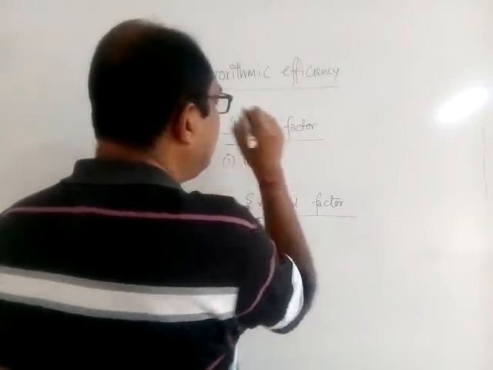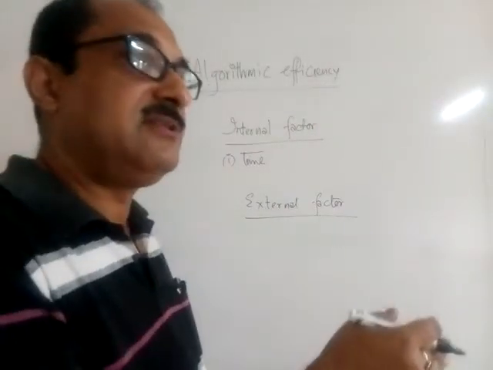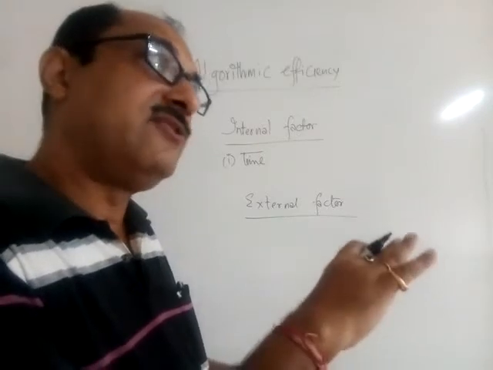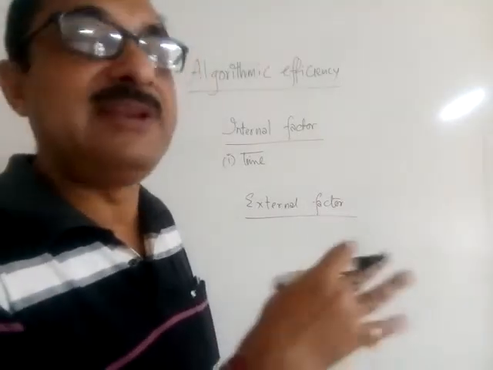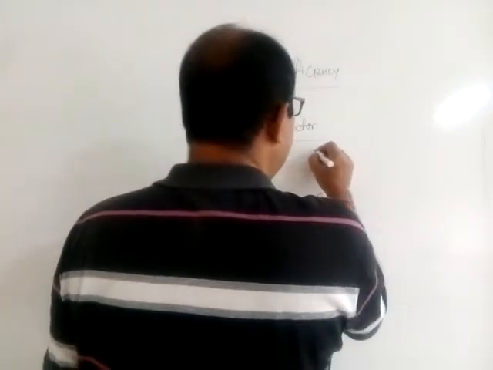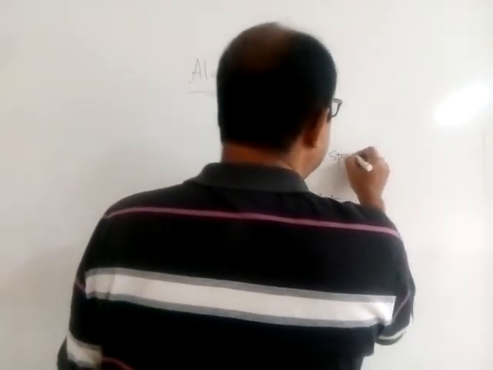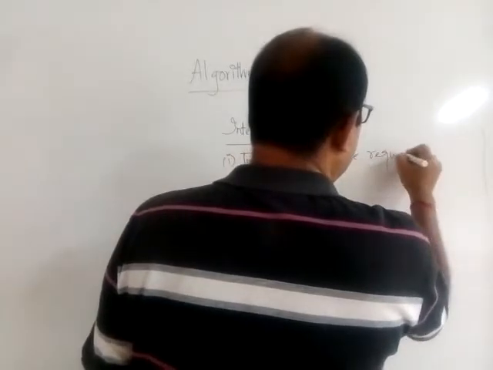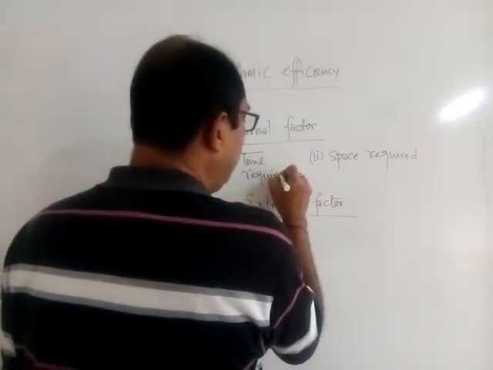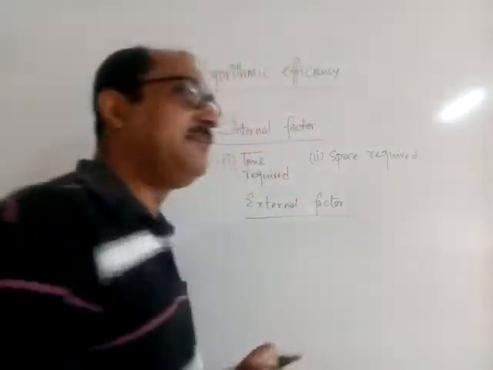Fine. So what are the internal factors? Internal factors on which the efficiency of an algorithm will depend are, first of all, the time required to run the algorithm. How much time it will take? If I convert that algorithm into a program, how much time it will take to execute the program?